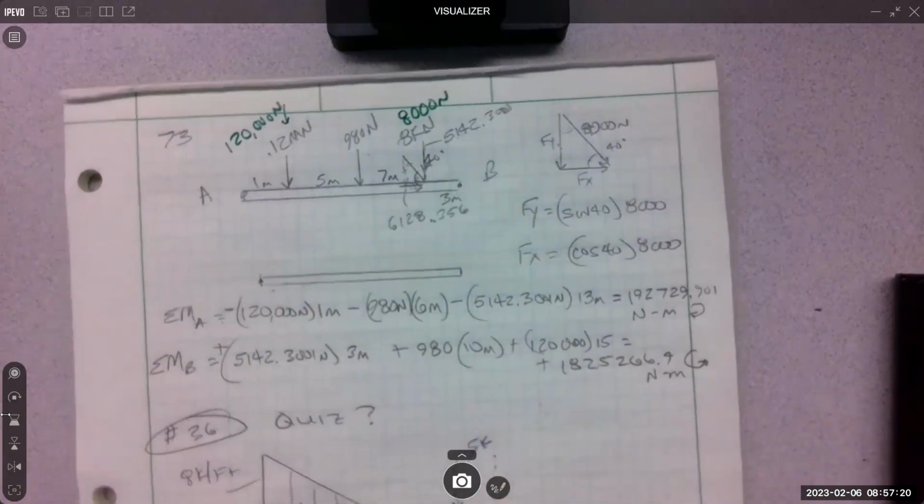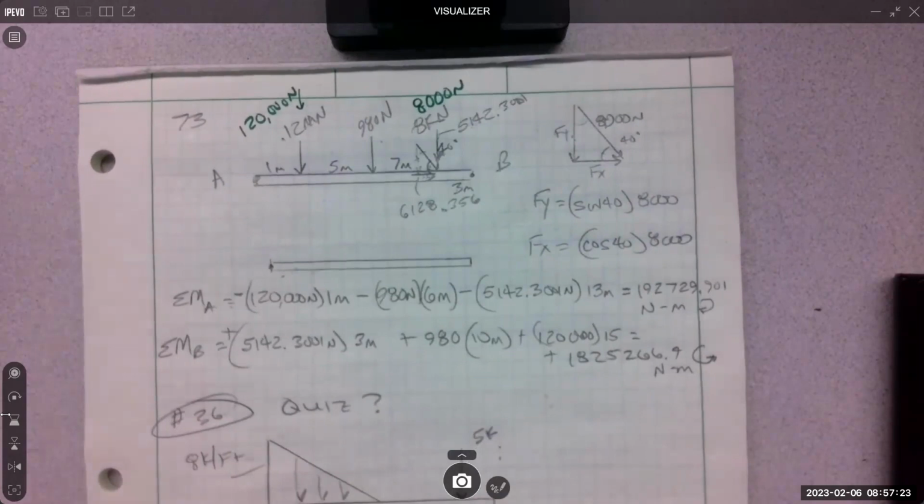So moments of both sides. Not too difficult. And then they wanted the resultant. What's the magnitude of the resultant? Even if you don't know the number, how would you get it?